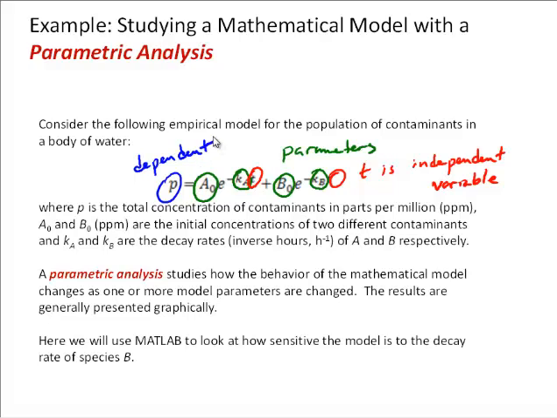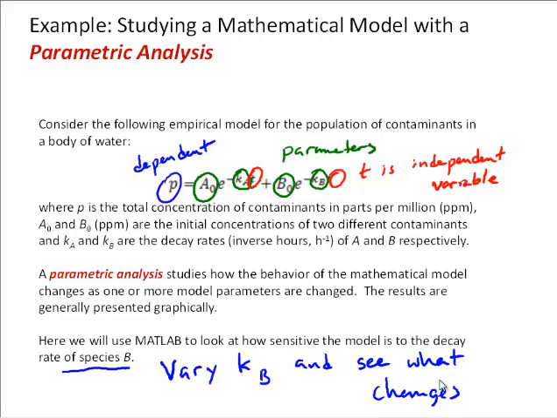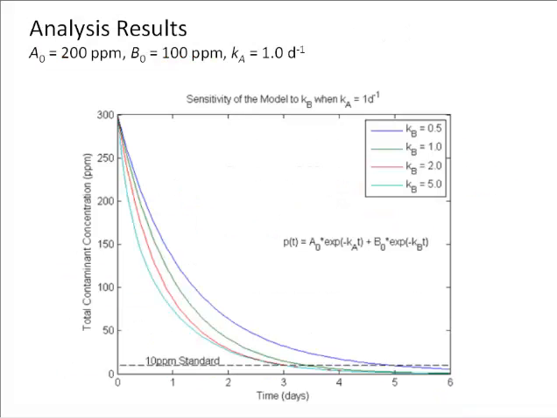So let's use MATLAB to look at how sensitive the model is to the decay rate of species B. So basically what we want to do is vary Kb and see what changes. So the first thing we might do is generate a plot.